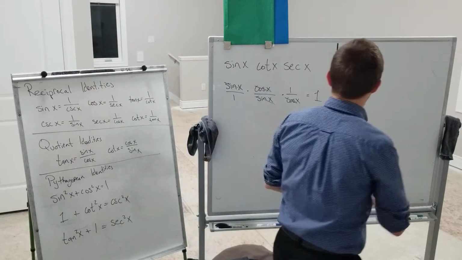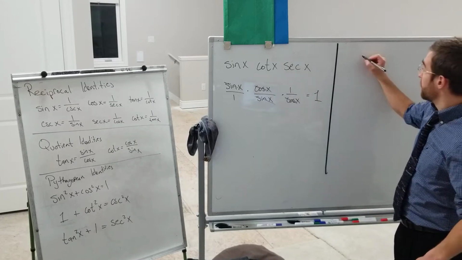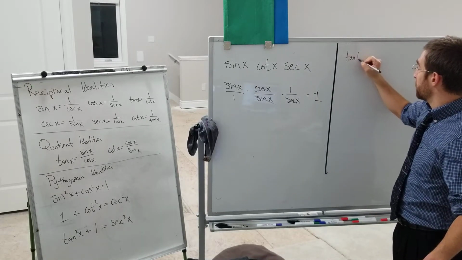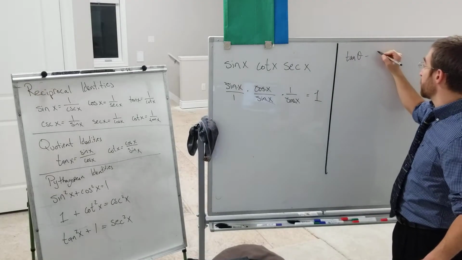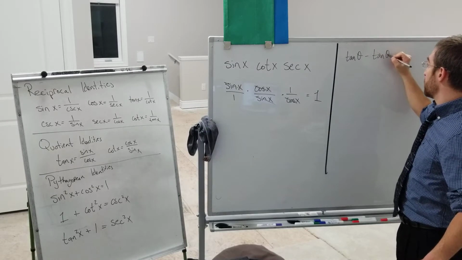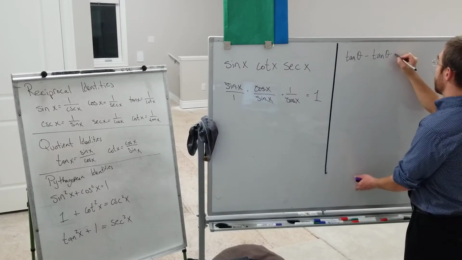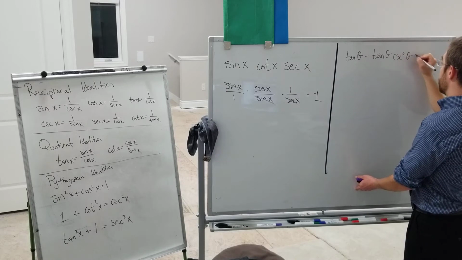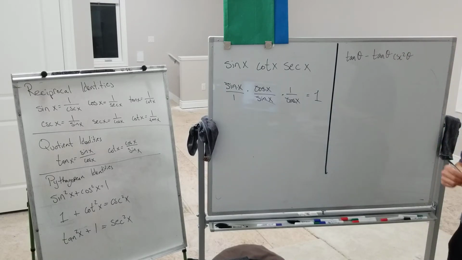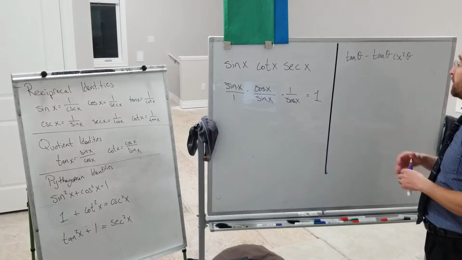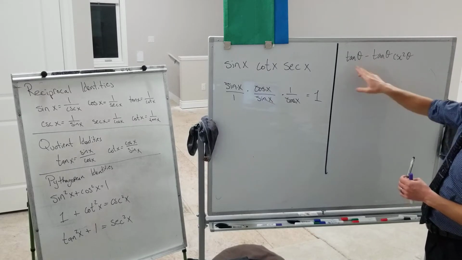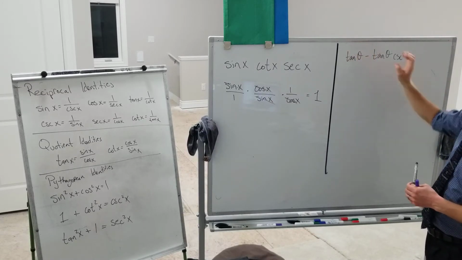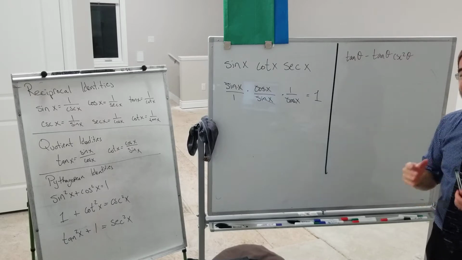All right, let's look at, what if we have tangent theta minus tangent theta cosecant squared theta. Looking at this, if I want to simplify, I notice I have two terms, term 1, term 2, and each one has a tangent theta in it.